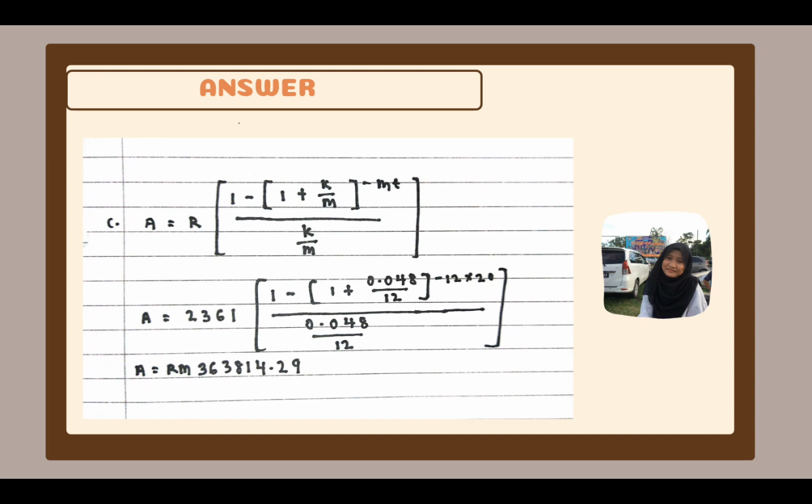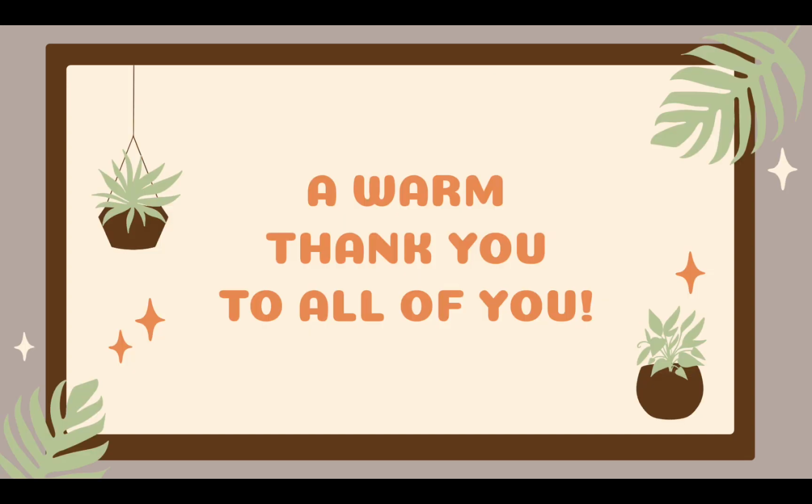Then we put the numbers into the formula, where R will be 2361, then open bracket 1 minus open bracket 1 plus 0.048 per 12 close bracket power of minus 12 multiply 30 over 0.048 per 12 close bracket. And after we calculate, we got 363,814.29.